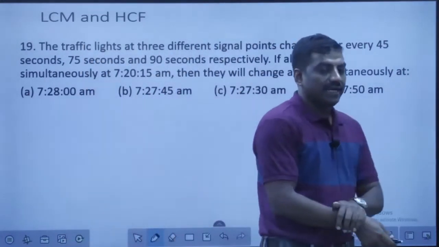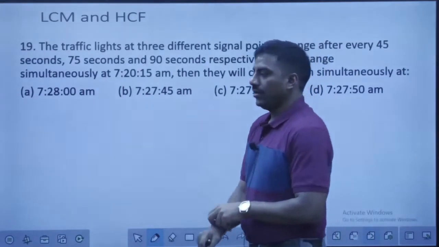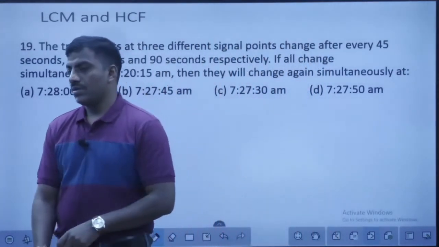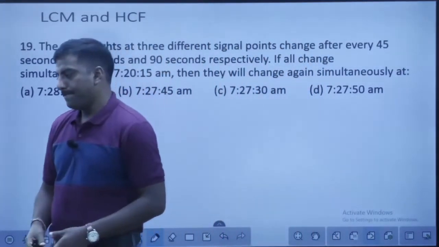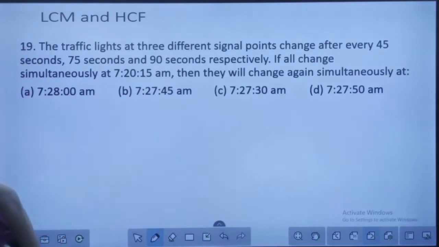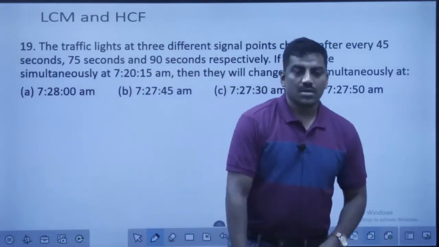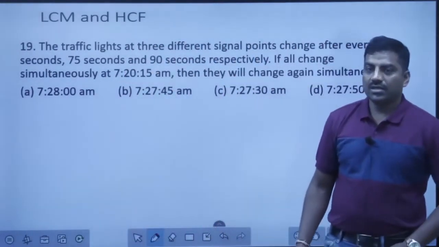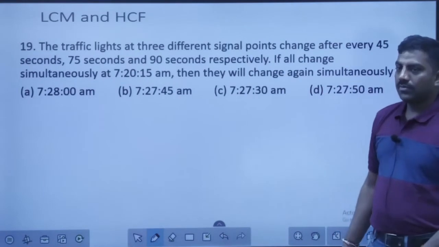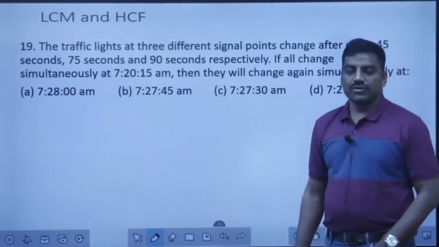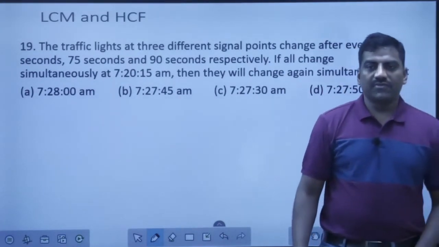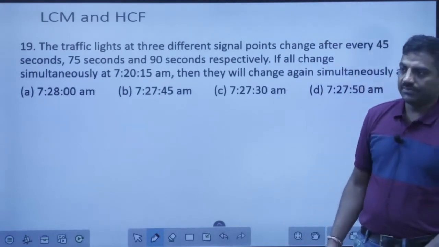45, 75 and 90. Quick. First you will try with 3. 3 15s are 45, 3 25s are 75, 3 30s are 90.